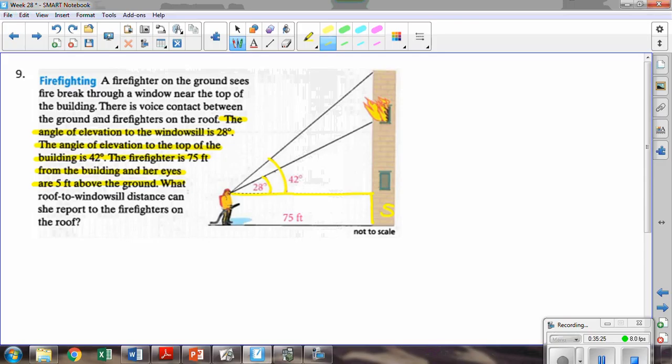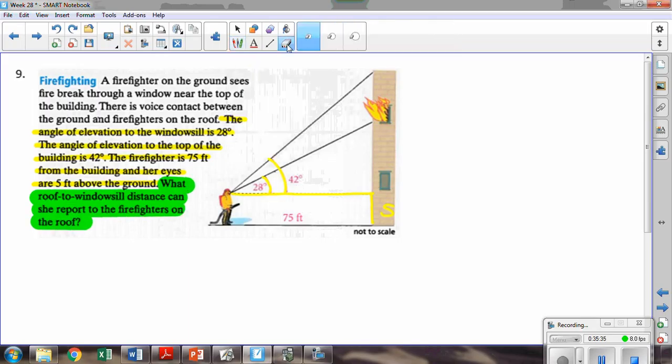Now we have to actually start looking at the pieces and say, what is the distance from the roof to the windowsill? Where is that in the picture?